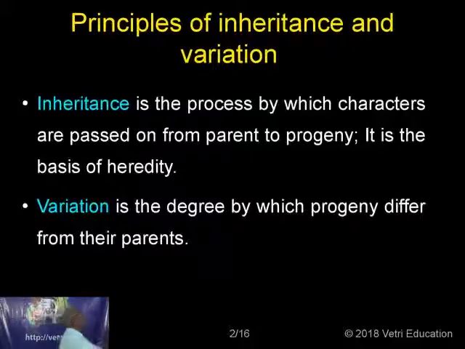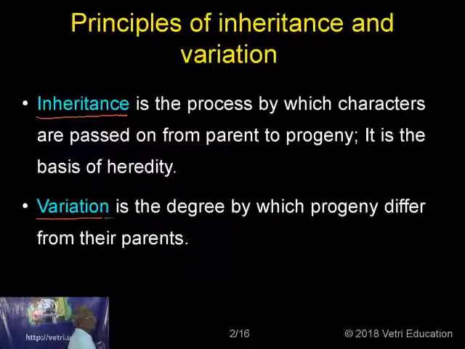So, we inherit certain characters from our parents, but it doesn't mean that we should lifelong possess that character. It undergoes certain variations due to environmental changes or environmental problems. Any character is subjected to variation.